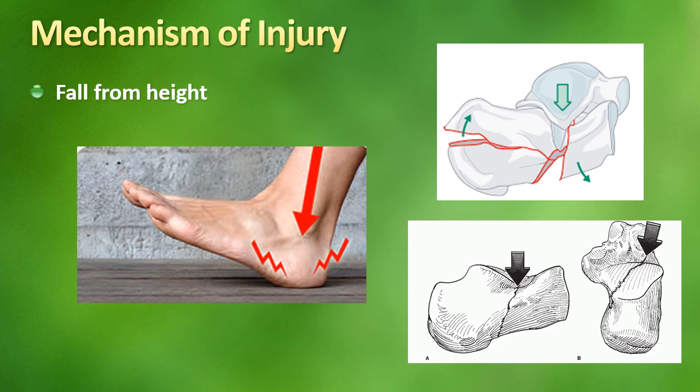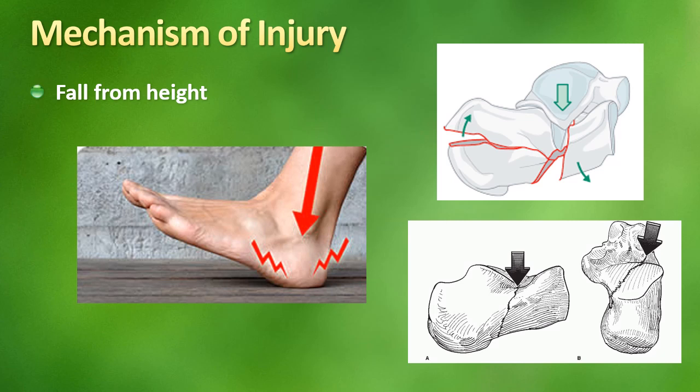Now coming to the mechanism of injury, you should know that the calcaneum is the most commonly fractured tarsal bone, and the most common mechanism of injury is fall from height. Here the patient falls from a height like a ladder or from a building or a tree and lands on one or both of the heels.